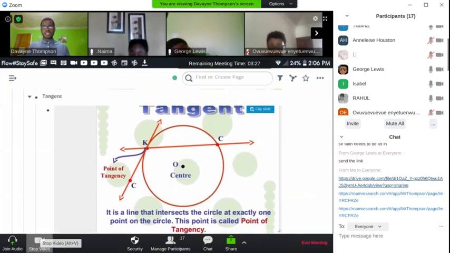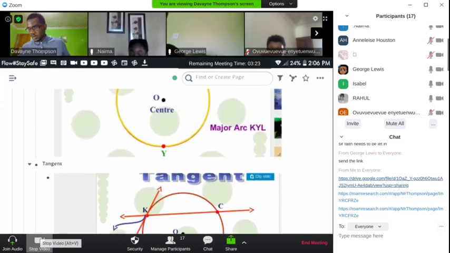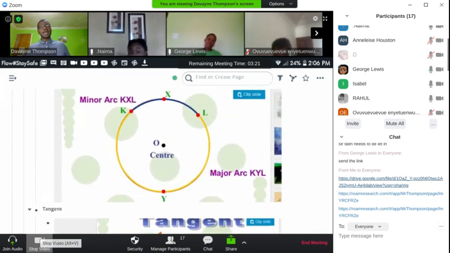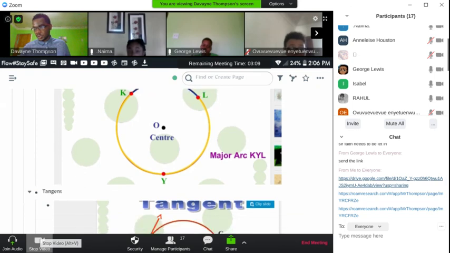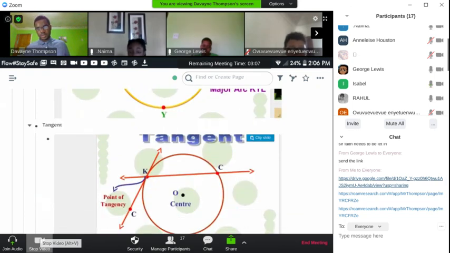All right, so tangent. So look at this circle for me. Let's go back up. This circle, let's say a line was passing by and it suddenly touched the circle at 1 point. Because it touched the circle at that point, it's still a part of the circle. So we call it a tangent. Sir, do you mean like a line that has nothing to do with the circle, touches the circle, and becomes part of the circle? Right.